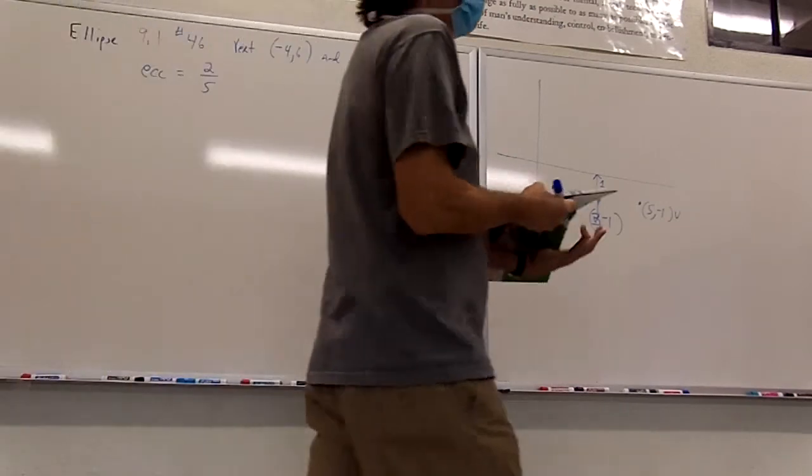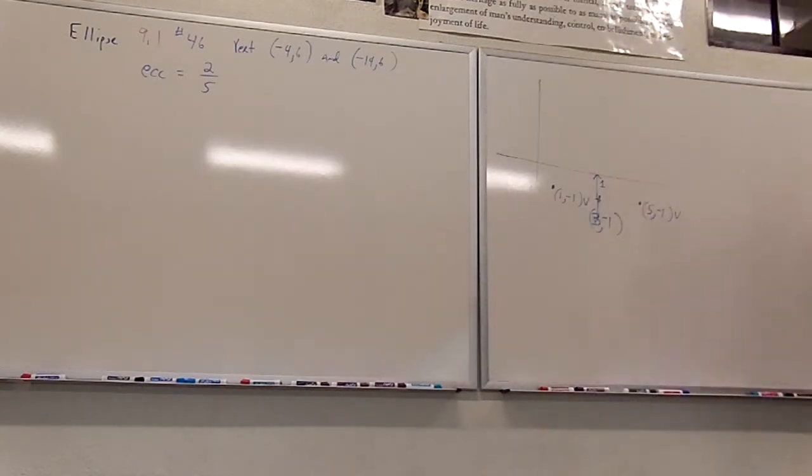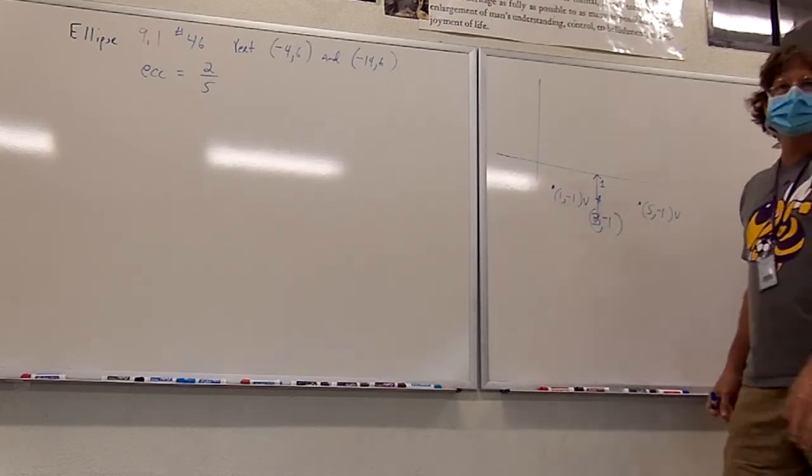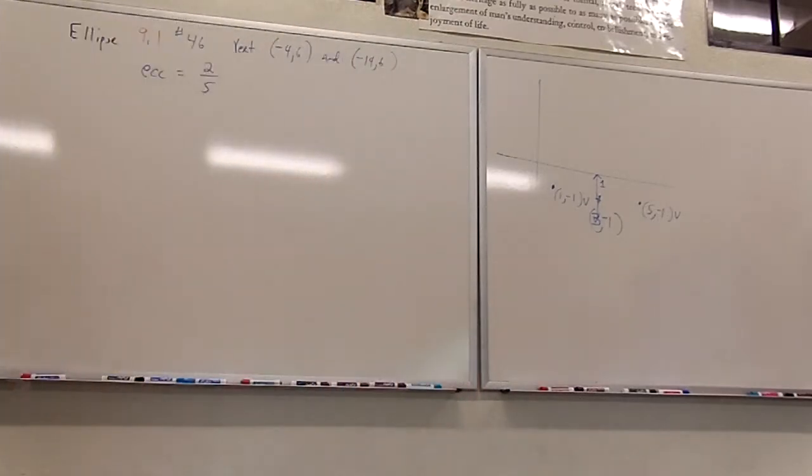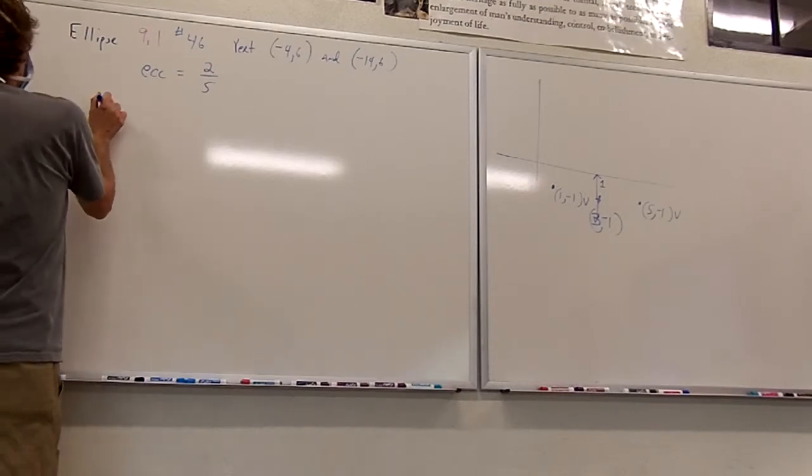How many of you already know one of the formulas you're probably going to have to use to work this problem? What formula? That's right, because you got to know the eccentricity formula. If you know the eccentricity formula, this is not going to be that bad. And you already know you're going to need it. And you just told me what it is, because y'all are the one I had to write on the board for myself.